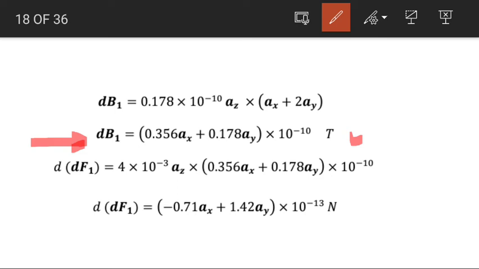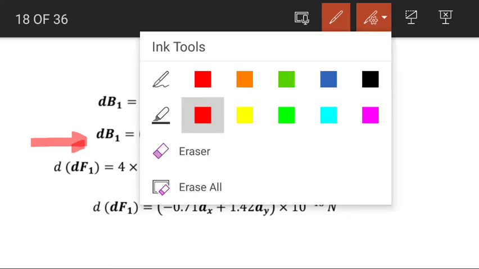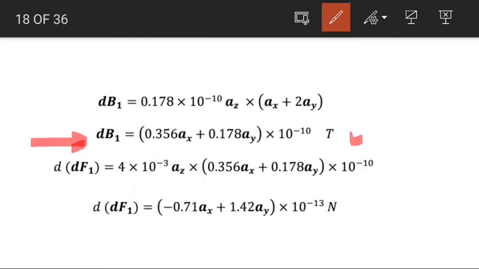We put the values in the equation for the differential force 1. So we have 4 into 10 raised to power minus 3 Az cross 0.356 AX plus 0.178 AY into 10 raised to power minus 10.